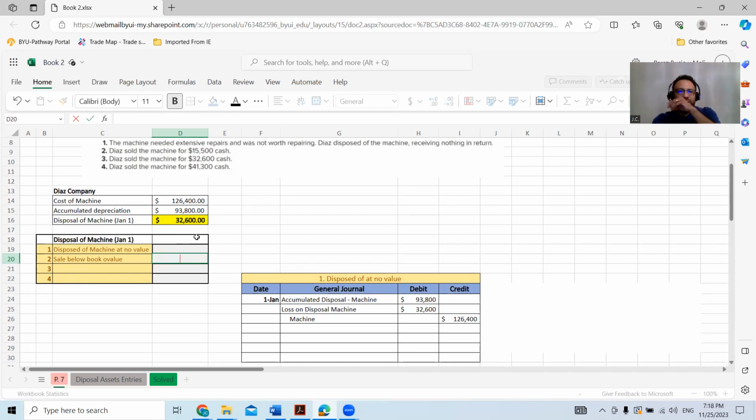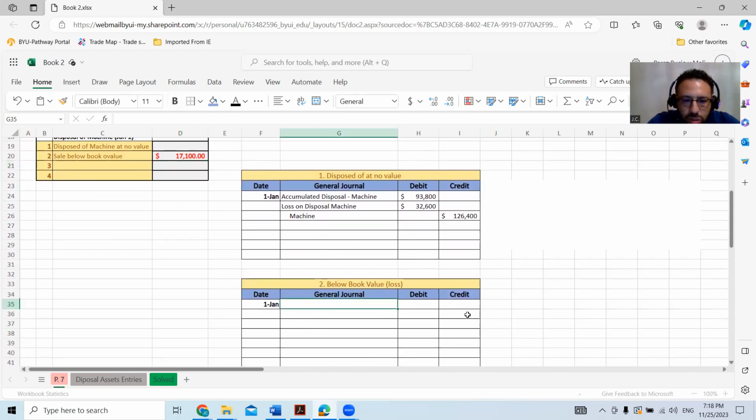We don't know how much we're losing, but we're going to find that out. The way we do that is we take the book value, and then subtract the amount that we sold it for, and you get 17,100. And just get that here.